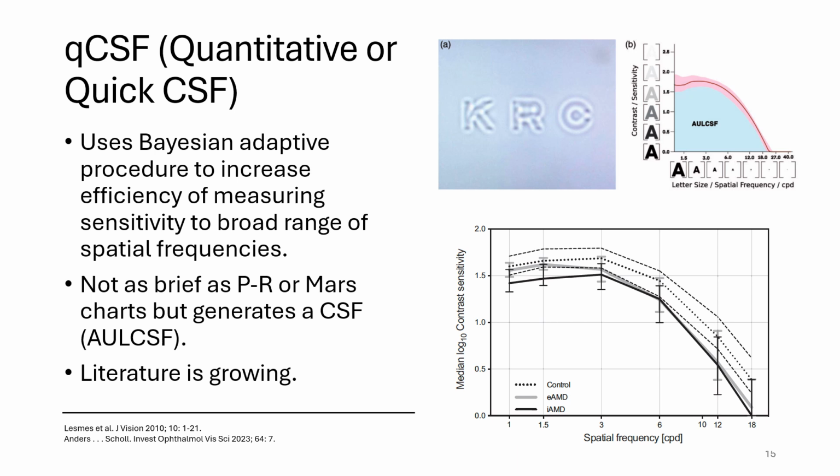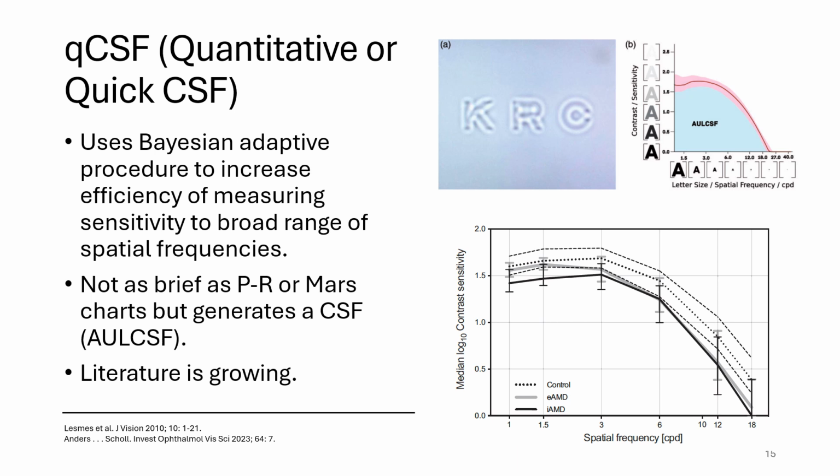Another recent development is the quantitative CSF, abbreviated QCSF. It is also sometimes called the quick CSF. An example from the quick CSF is pictured on the top. It was developed by Lesmes and colleagues. It uses a Bayesian adaptive procedure to increase the efficiency of measuring sensitivity over a broad range of spatial frequencies.